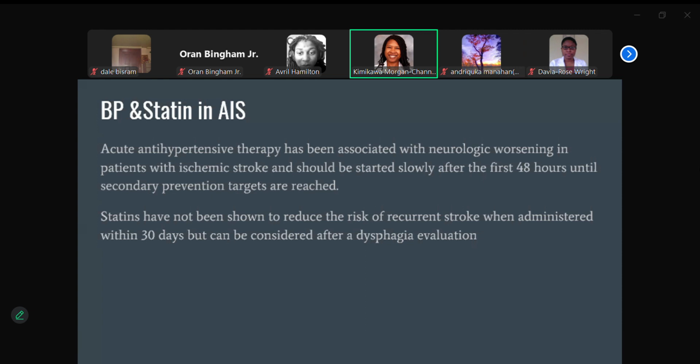They call it pleiotropic because we're not exactly sure how they work. But they theorize that they reduce endothelial dysfunction. And that may be at the microscopic level anti-inflammatory. Someone mentioned anti-inflammatory.